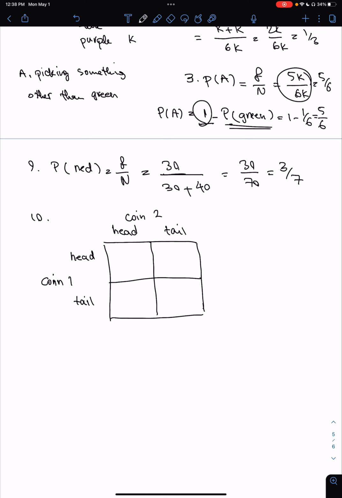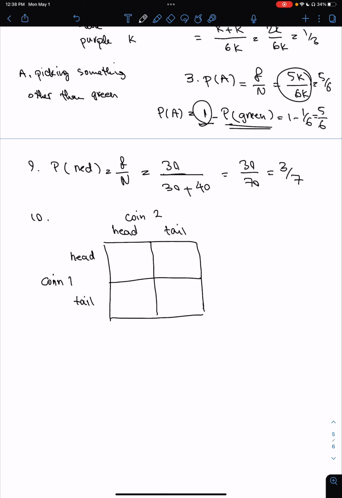So basically we know that for each coin we have 50-50, equal probability of getting head or tail.